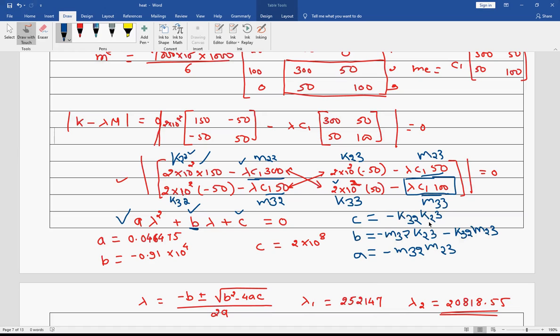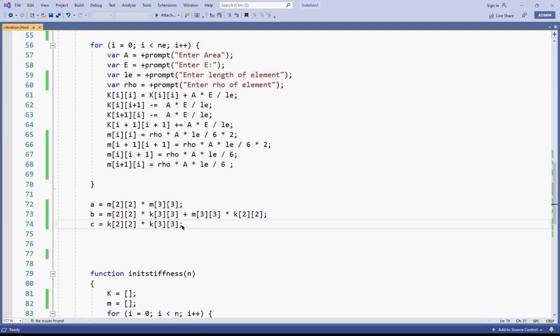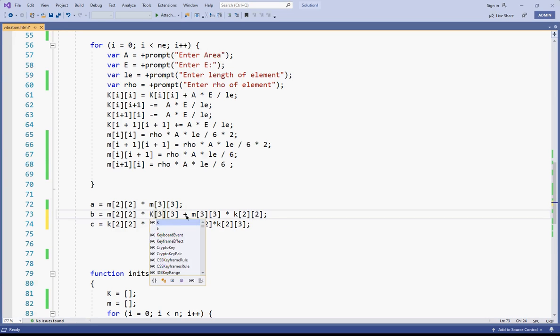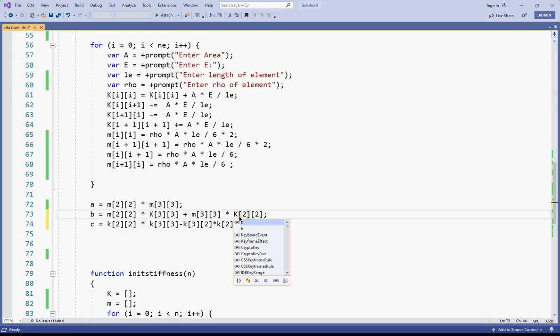Okay, so K32 and K23 subtract from C, minus K32 into K23. So this is what I have to subtract. Now one important thing, I used capital K, so I need to take care of that.